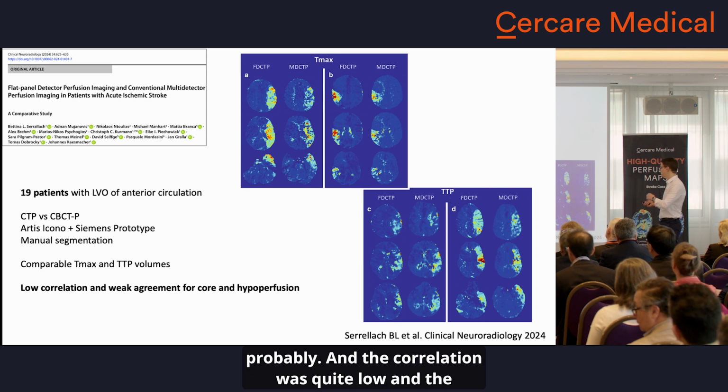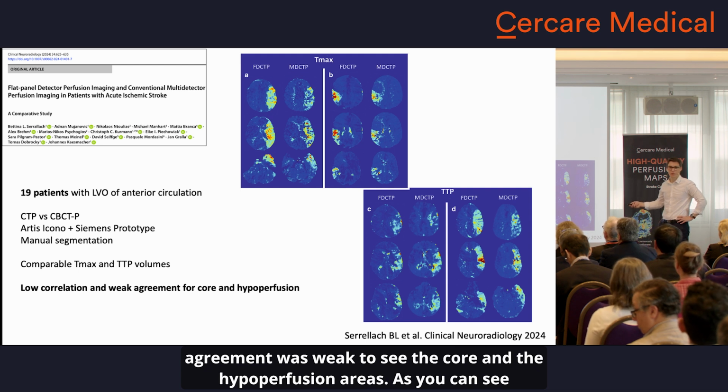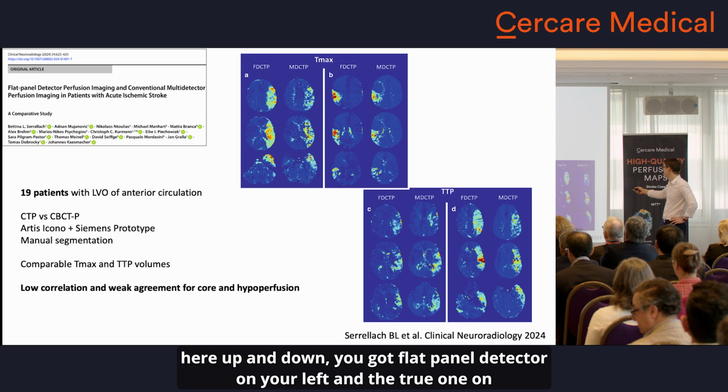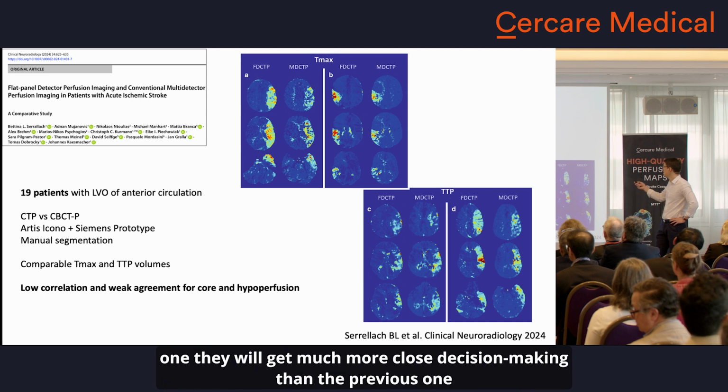And the correlation was quite low and the agreement was weak to see the core and the hypoperfusion areas. As you can see here, up and down, you got the flat panel detector on your left and the true one on the right. The images are a little bit different. Probably with this one, they will get much closer decision making than the previous one.